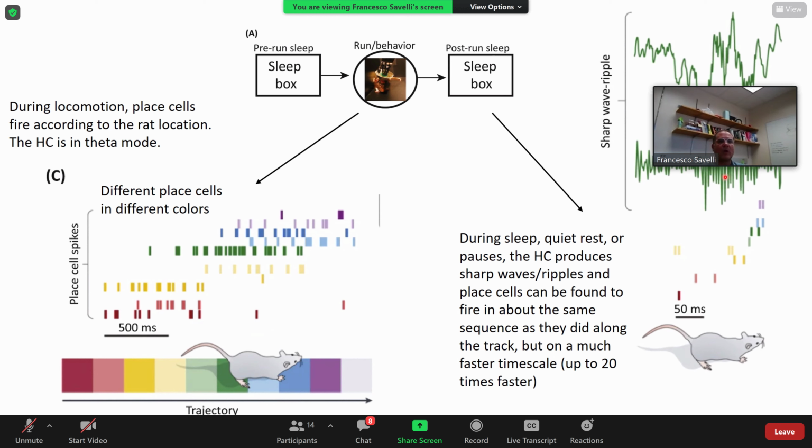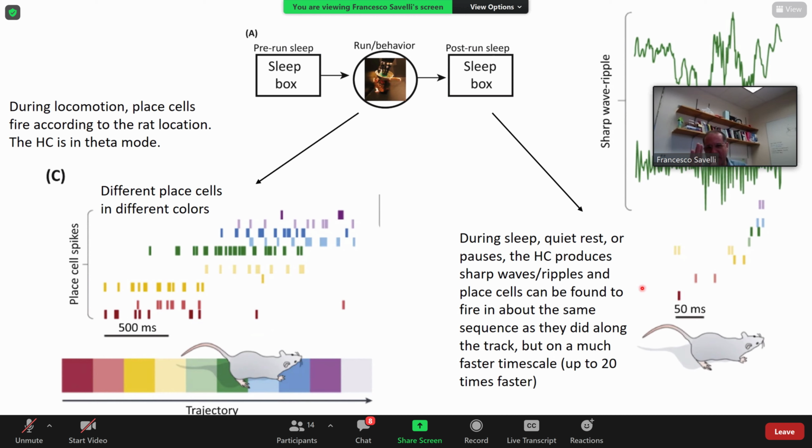Well, people looked at what place cells do, and they noticed that they fire very fast. Maybe the animal here takes, I don't know, several seconds to go through this whole trajectory. Now the cells fire a few spikes each in the same order that they fired along the trajectory.